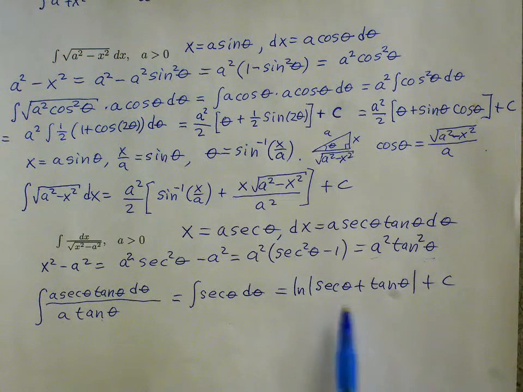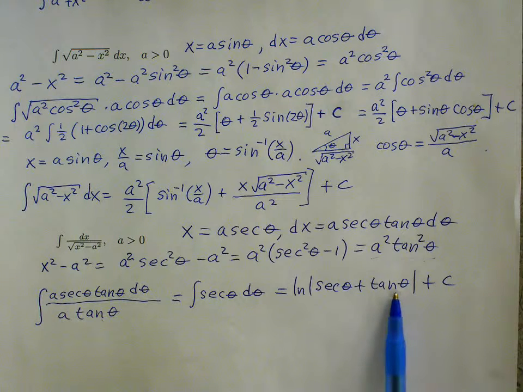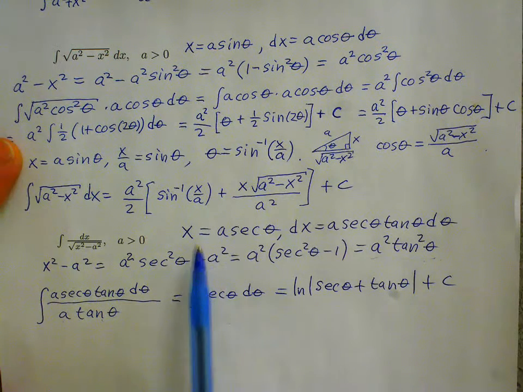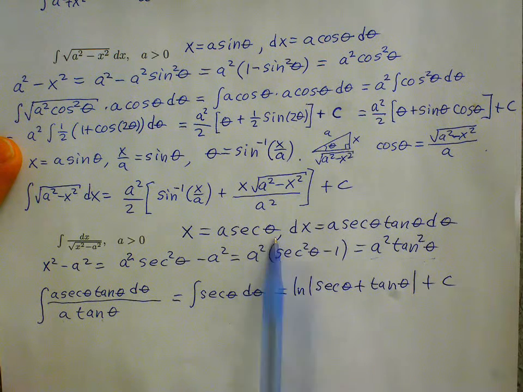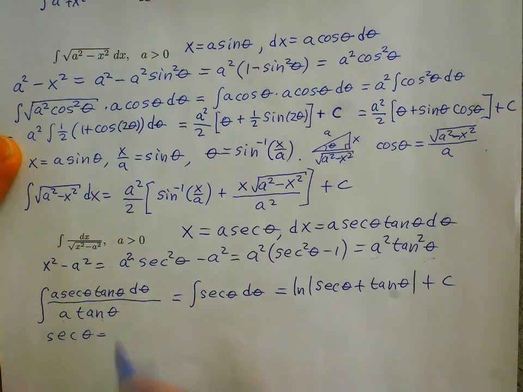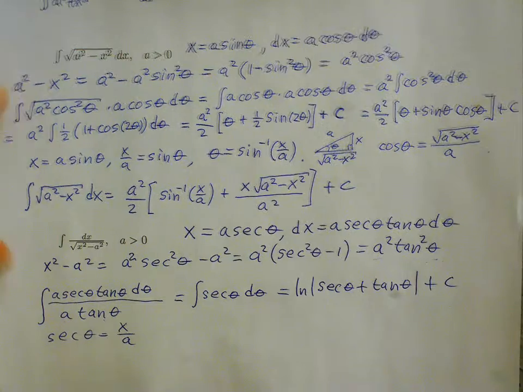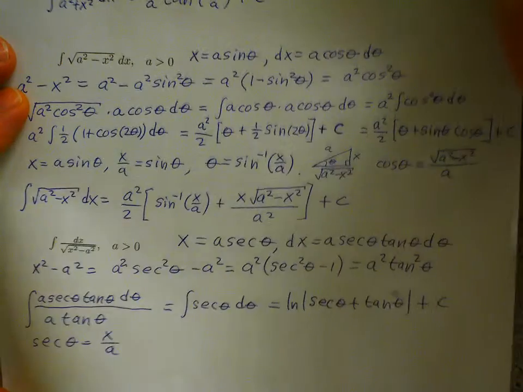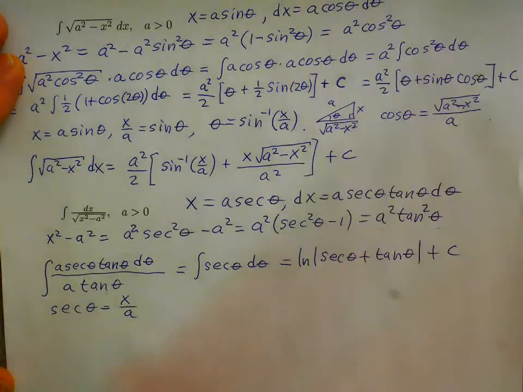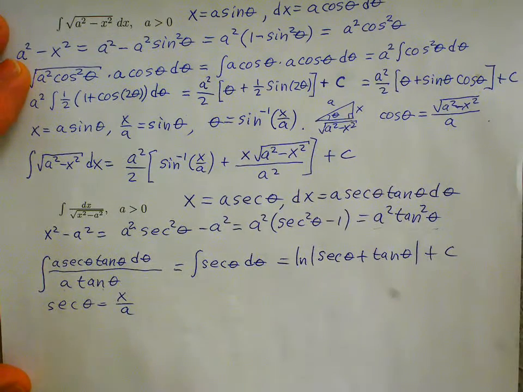And we want to replace secant of theta and tangent of theta with expressions in terms of x. Our assignment, x equals a times secant of theta, we can see that secant of theta is x divided by a. And if we use right triangle trigonometry, we can come up with an expression for tangent of theta.